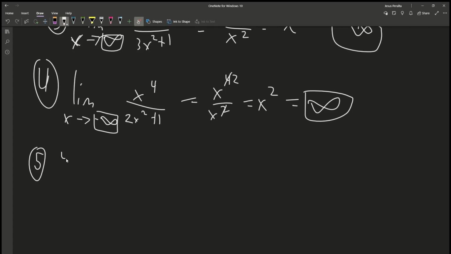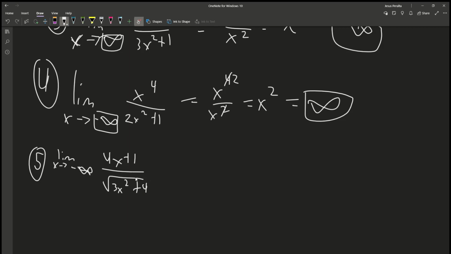Number 5, alright, so this is where it starts getting a little bit harder because of the square roots. I forgot to write the limit. The limit as x approaches negative infinity of 4x plus 1 over the square root of 3x squared plus 4.